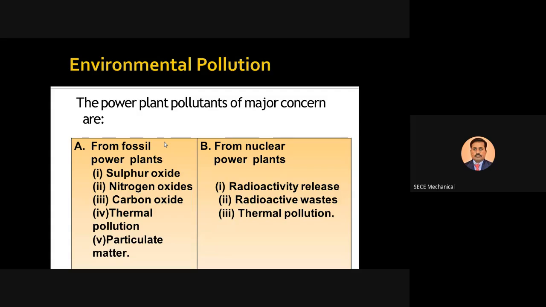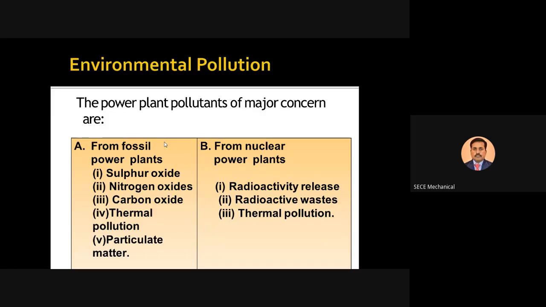Next, we will come to environmental pollution. I already told you pollution is the major concern of a power plant. Because we are in India, and India is mostly focusing on fossil-based power plants. Fossil fuel power plants mean coal, then conventional fuels like coal, natural gas, compressed natural gas, and diesel fuel.